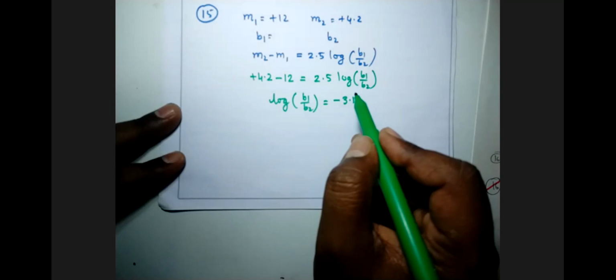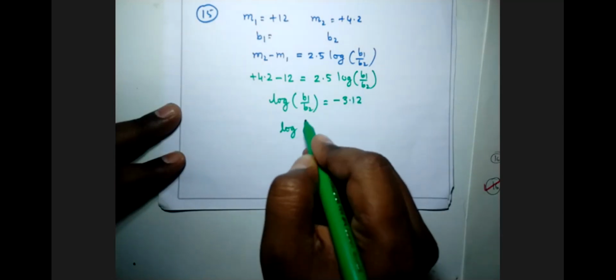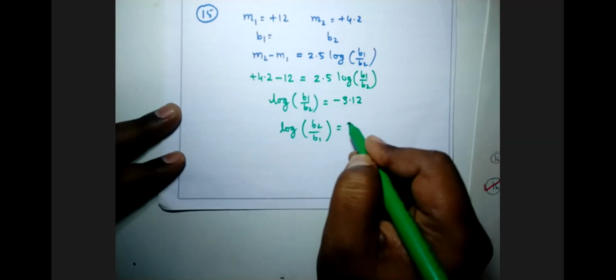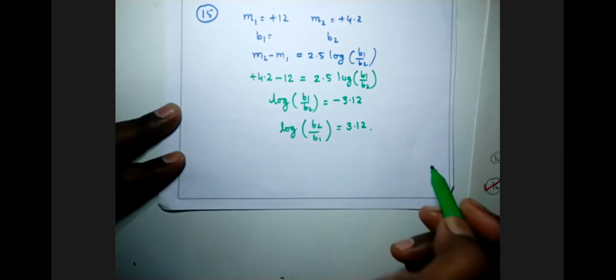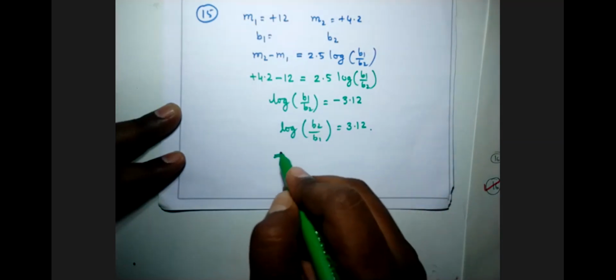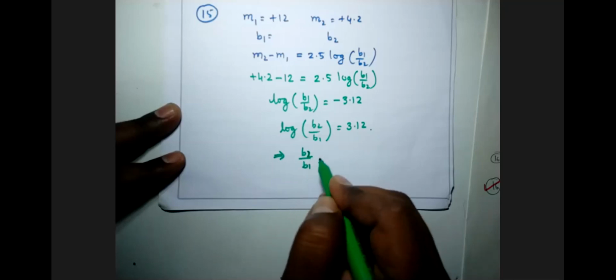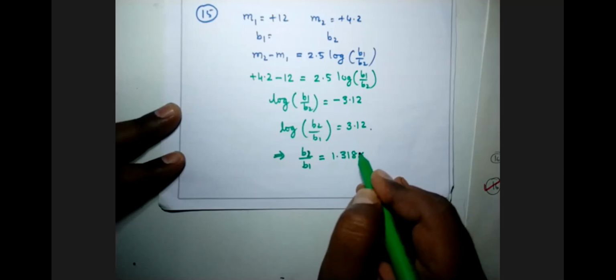Therefore, taking the reciprocal, log of B2 by B1 is equal to +3.12. This implies B2 by B1 is equal to 1.318 into 10 to the power of 3.